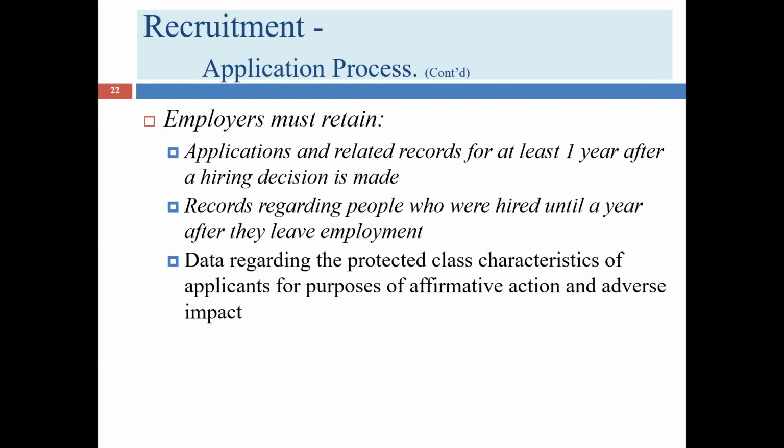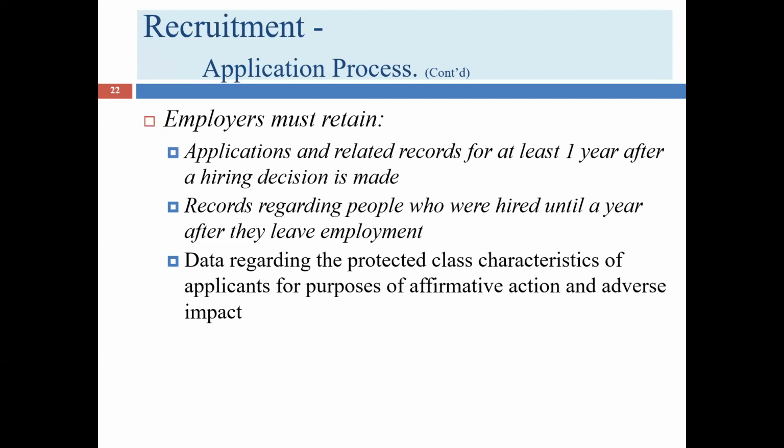Because she wasn't hired, the date that the decision to hire Bob was made is what starts the 1 year clock for Sally. But for Bob, because he was hired, his clock doesn't start on the hire date. It's going to be turned on for retention when he leaves employment. So let's say Bob stays with the company for 20 years.